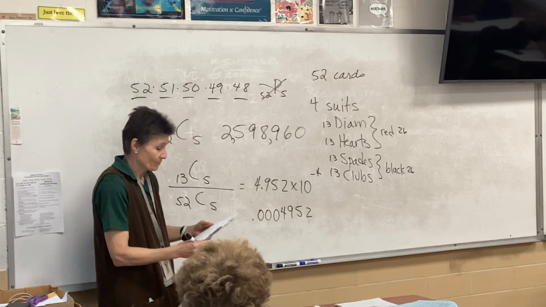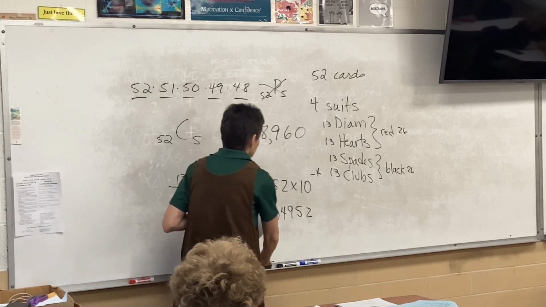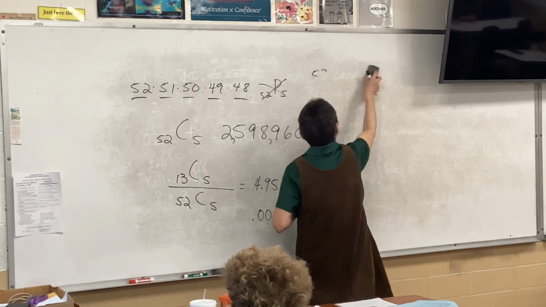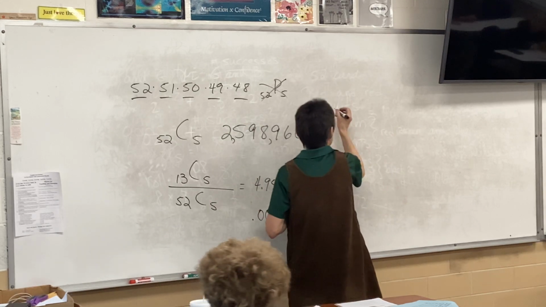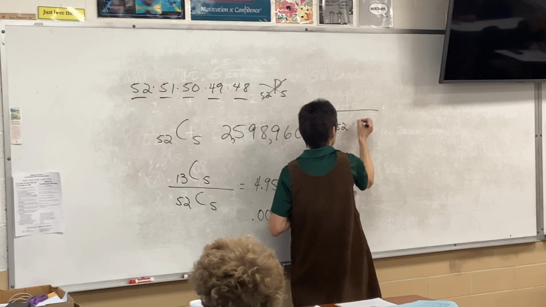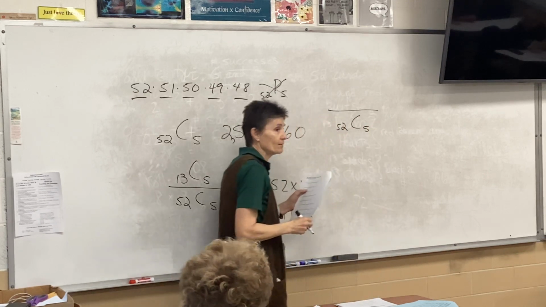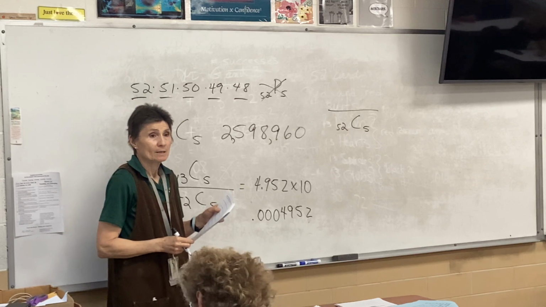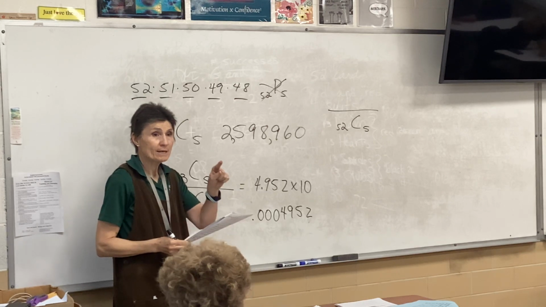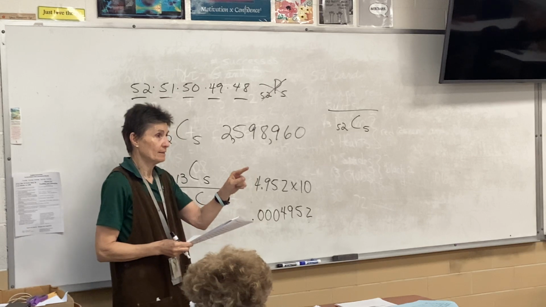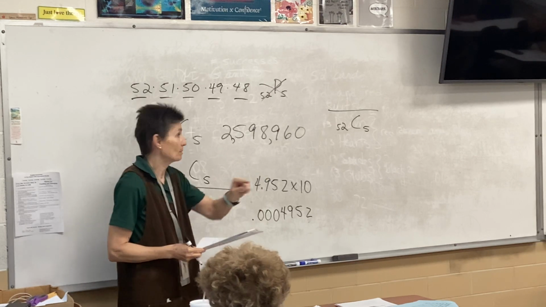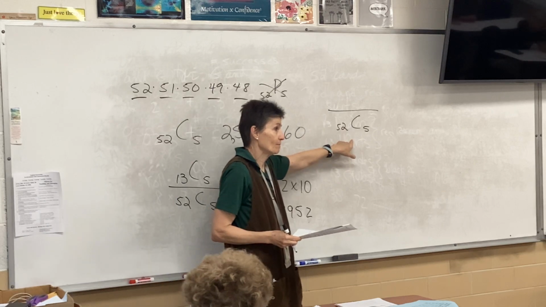How about all face cards? Well, it's still a 5-card hand, so your denominator is still 52C5. Every 5-card hand problem, if you're doing a probability, that's going to be the denominator.